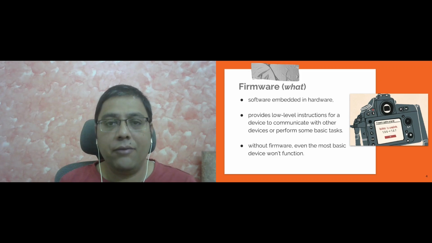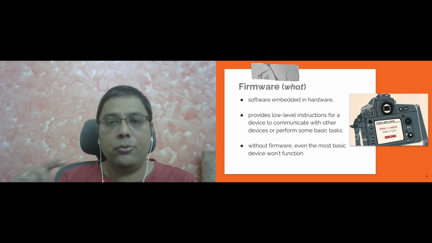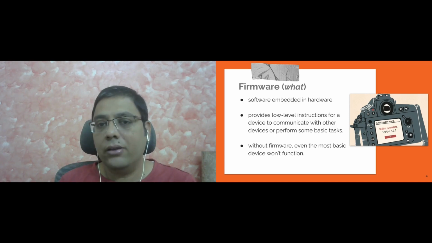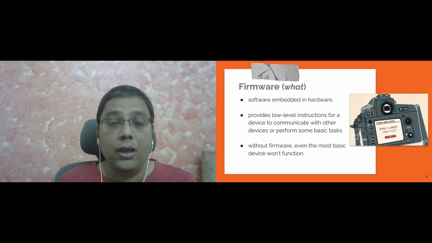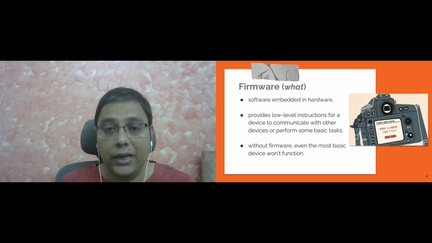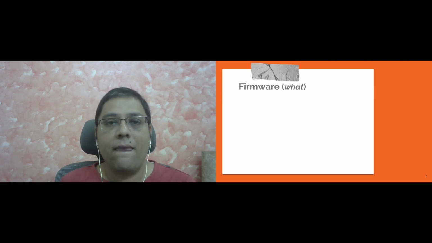For example, we have a camera on the right hand side, which requires firmware to set up the image processing pipeline, the storage interface where the image would be stored, and the lens assembly so that it can be in its correct default state. Note that an important property associated with firmware design is that it should be updatable atomically. More on that in the upcoming slides.